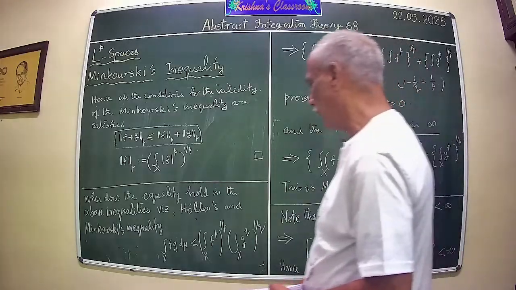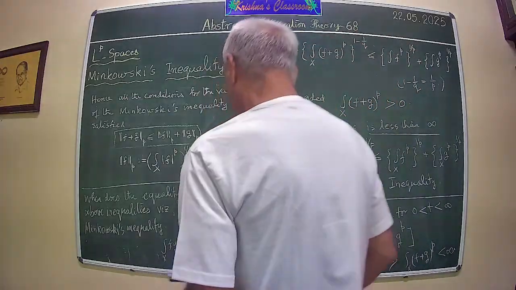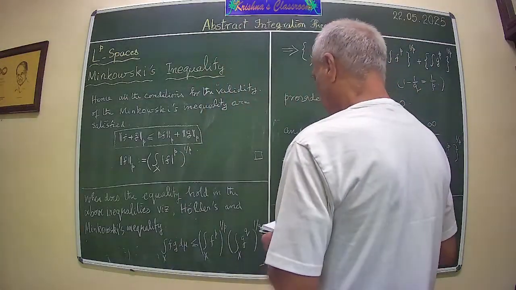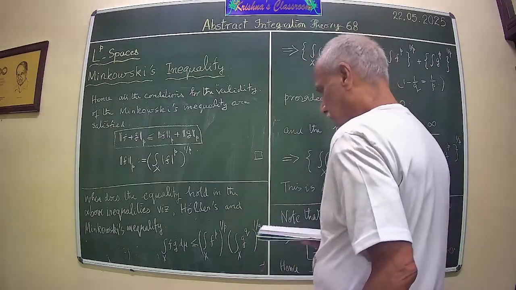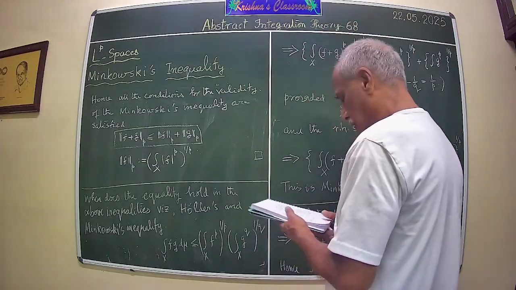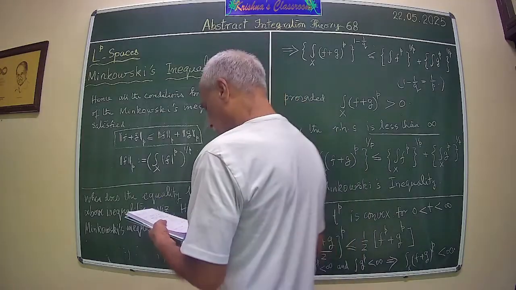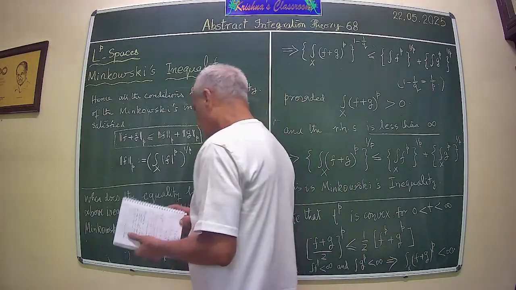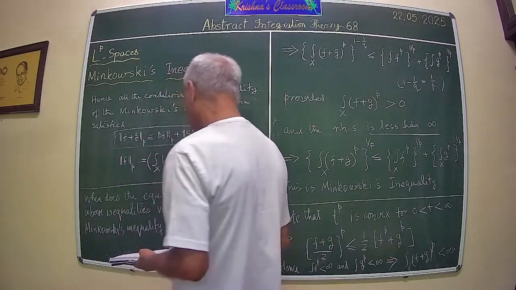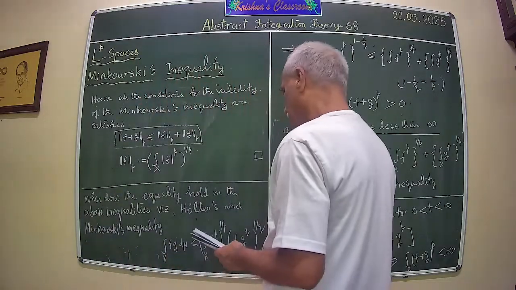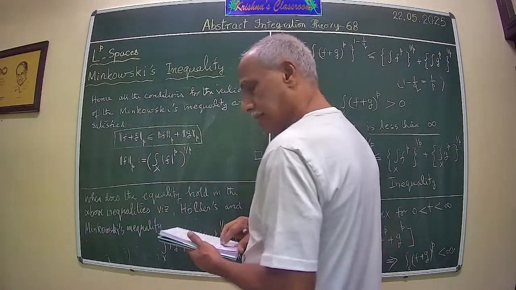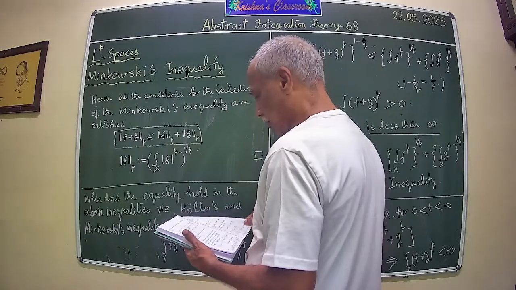So, when do you have equality holding good? This is the question that you ask. And the answer to this turns out to be that when f and g are proportional.